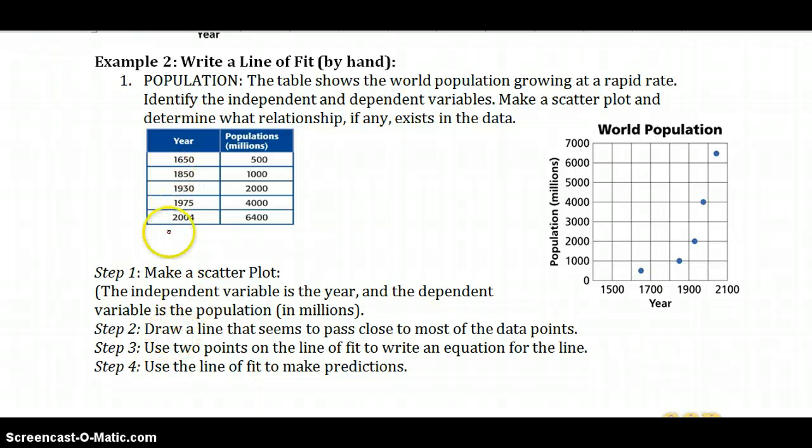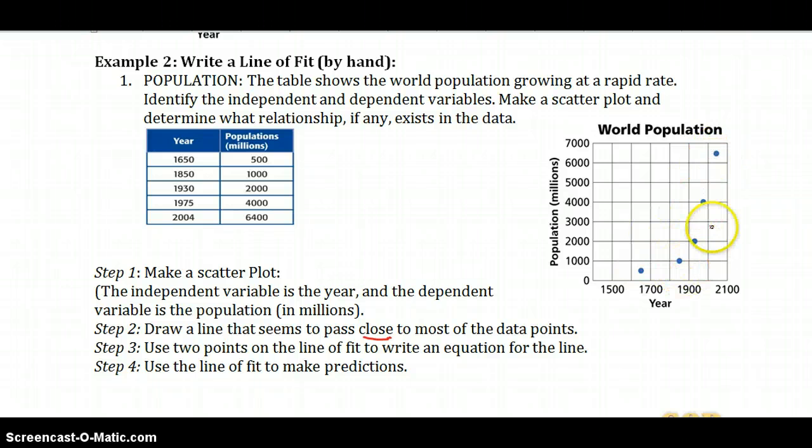So here we have the years and then the results of our population survey as our Y, and they're already plotted here for us. Second, it says draw a line that seems to pass close to most of the data points. Well, the first data point and the last data point seem to be extremes.